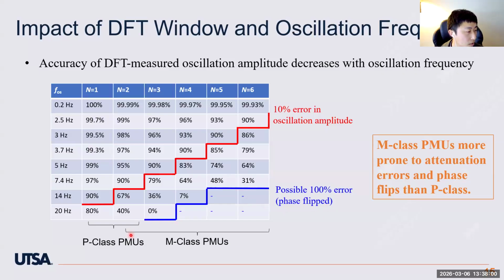And another information we can tell from the table is that the P class, the protection class PMU, typically using like 1 or 2 cycles of data for DFT phasor calculation, they capture the oscillation much better than the M class, the measurement class PMUs, which usually rely on like 2 to 6 cycles of data.